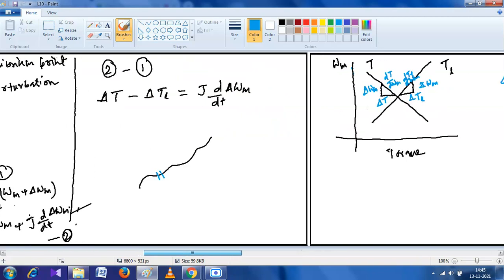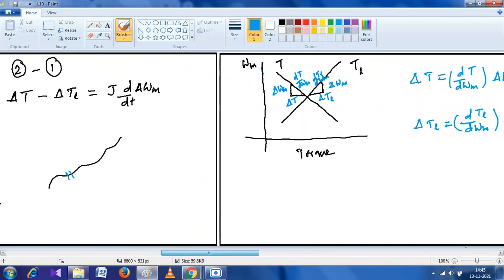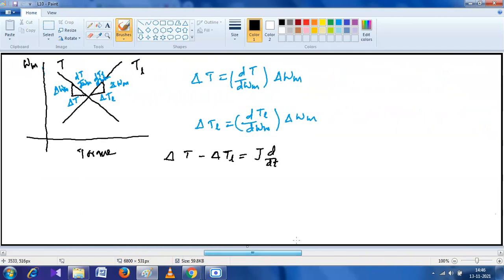The previous equation is delta T minus delta TL is equal to J d/dt of delta omega m.